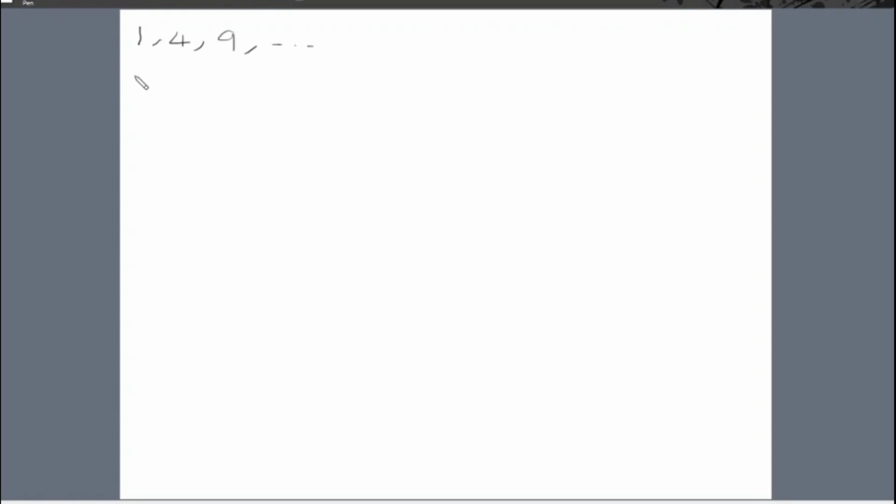So for T1, T2, T3, remember that when we defined a term of a sequence, we said this notation tells us that if we say T1, this is in the first position in the sequence. T2, this term is in position 2 in the sequence. T3, this term is in position 3 in the sequence.